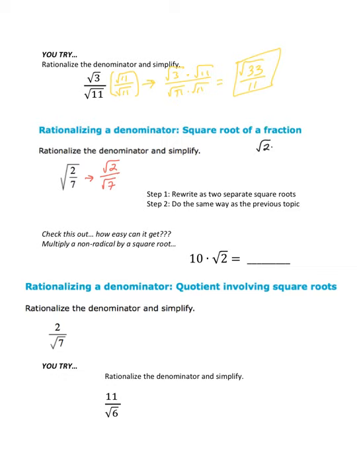Square root of 2 times square root of 7 equals square root of 2 times 7. You can multiply them together. I'm just showing you this. So if I can multiply them together and put them under the same radical, I can divide them and put them under the same radical. That's why I wanted to show that to you.